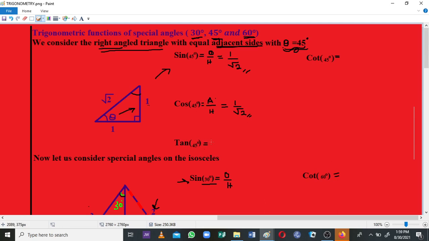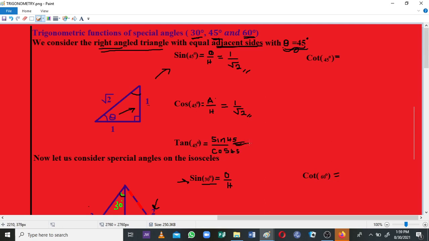Now we can calculate for tan. We know that tan is equal to sine ratio over cosine, and we are still considering sine 45 and cos 45.